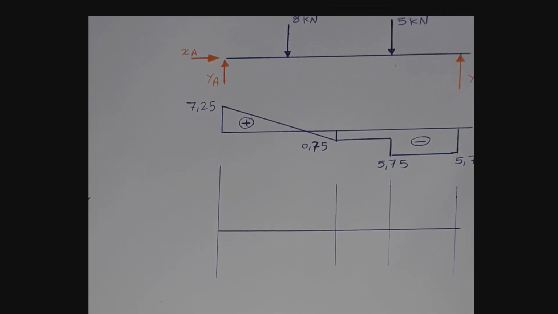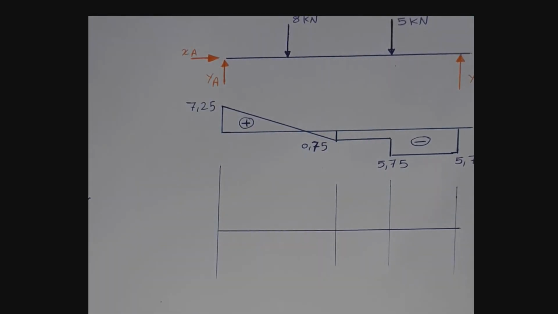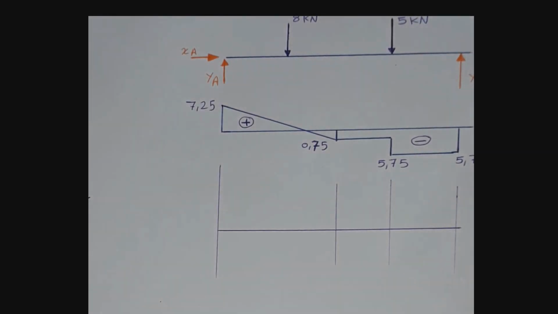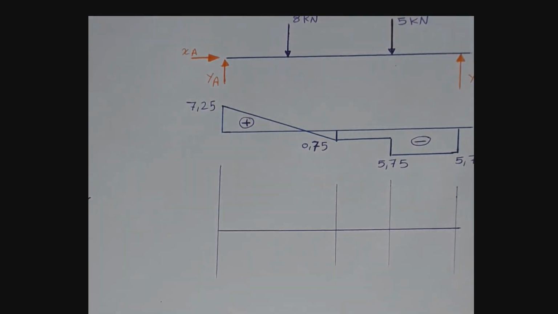After drawing the shear diagram, we can see that shear at this point equals 0. We have to determine exactly this distance, because when shear equals 0, the moment would be maximum.